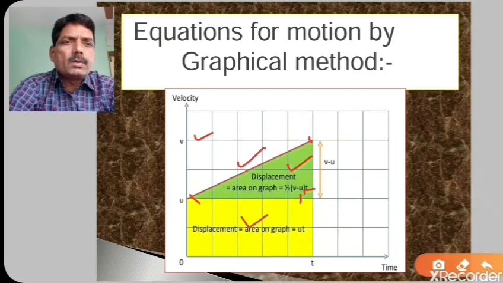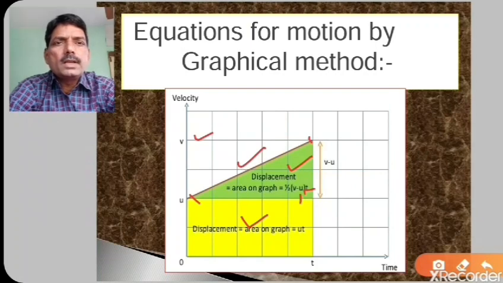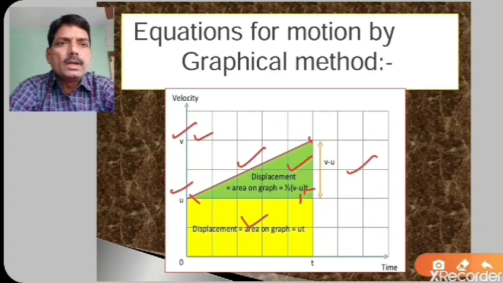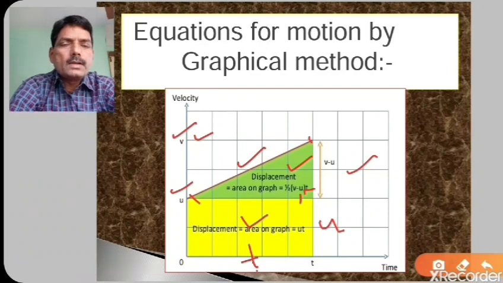Let me discuss the terms which you have seen in the graph. Now see here, u is the initial velocity and v is the final velocity. So this distance is nothing but v minus u, and this is your time t. This is your u, that is 0 to u. You can see initial velocity u, the time period is t.